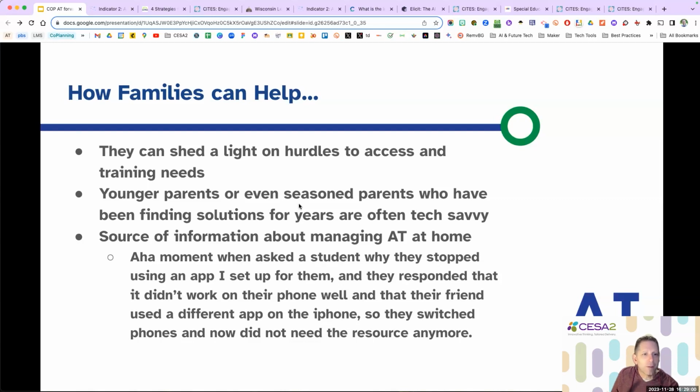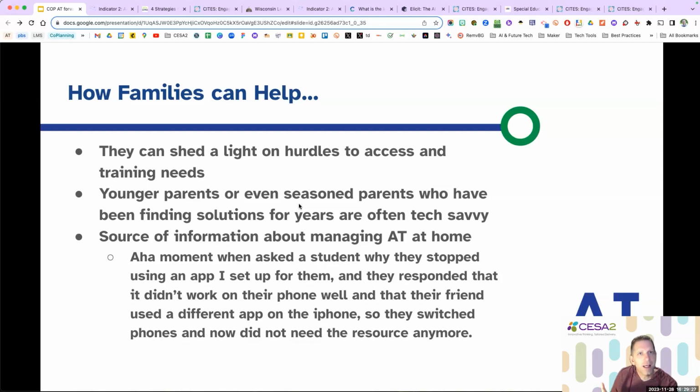My big aha moment was when I asked a student why they stopped using an app I set up for them. They responded that it didn't work well on their phone. It worked well in school, but they found out that their friend was using a different app on an iPhone and they were using Android. They convinced their parents to switch to the iPhone, and now they didn't need my resource anymore.